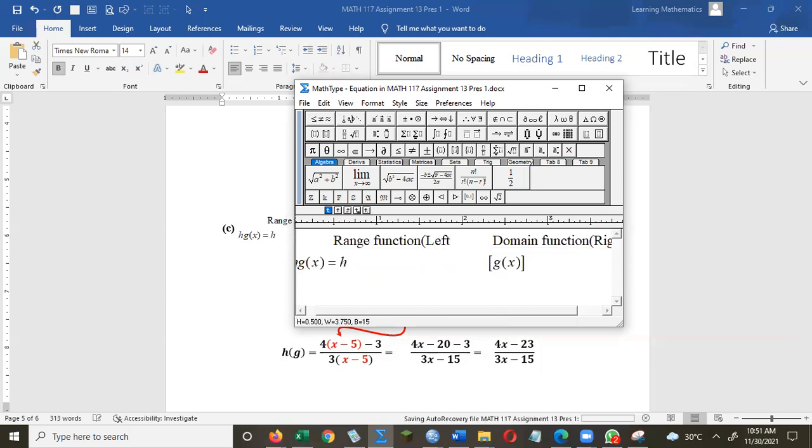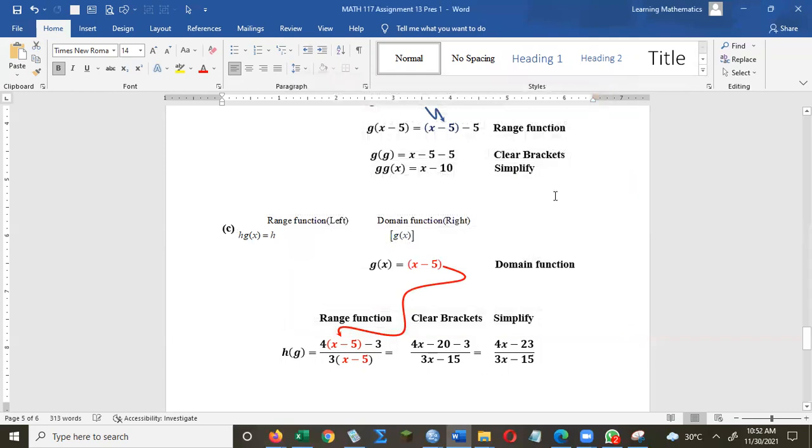So you always start from the right using that approach that we are promoting. Domain function on the right, placed into the range function, which is on the left. In brackets, domain into range, clear brackets, and then simplify.